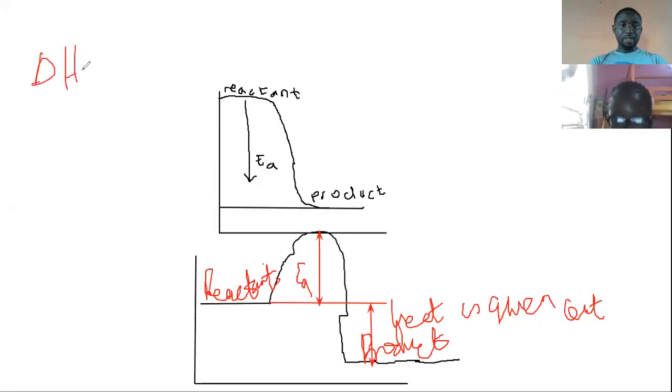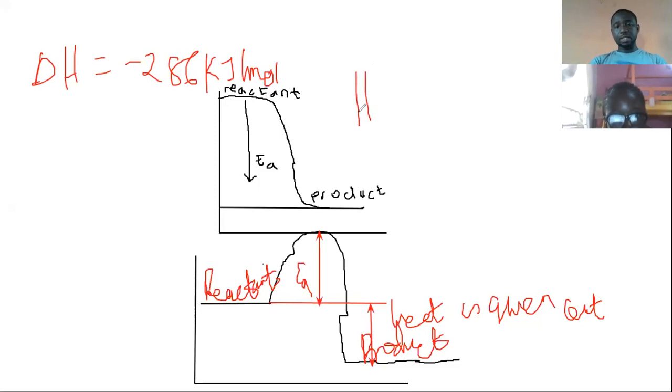That means the heat of formation is for H2 plus oxygen giving us H2O.